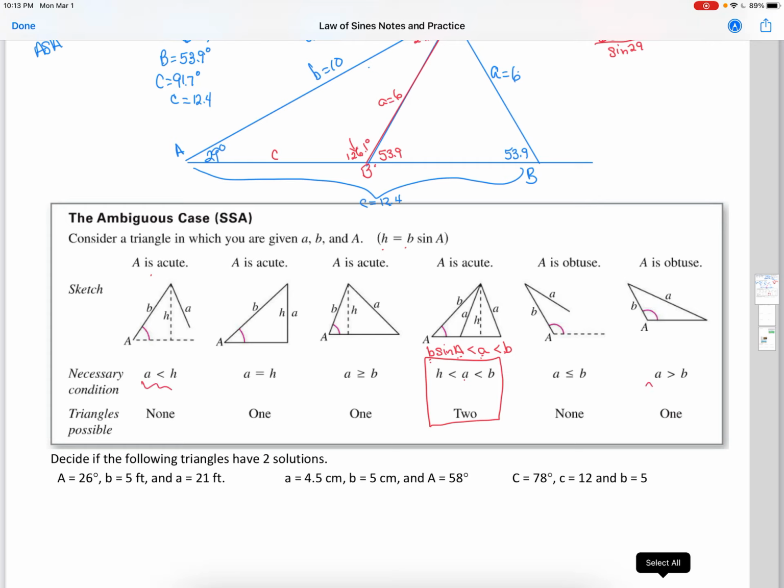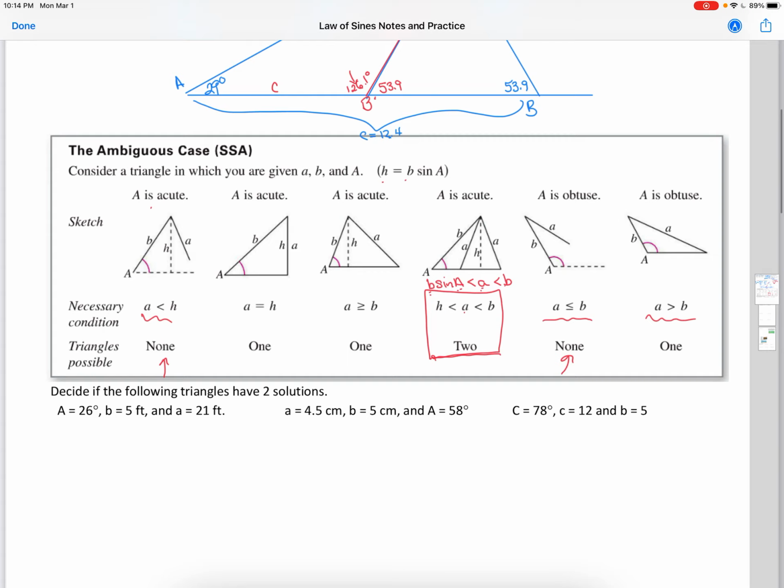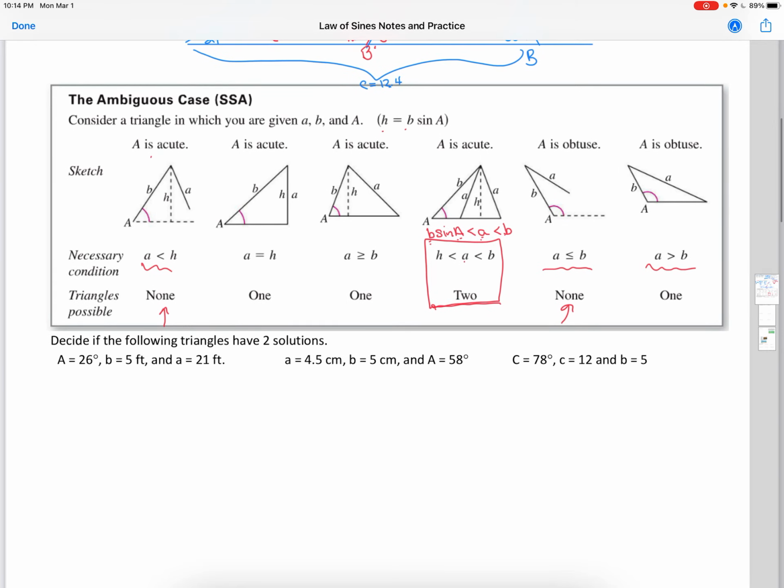You don't have to worry about these conditions as much as you do just to remember this particular one, because the no solutions will kind of work their way out. You'll get an error in your calculator or a situation where your angles are adding up to something larger than 180 degrees. All right, so we're going to check and see if these three triangles have two solutions or not.